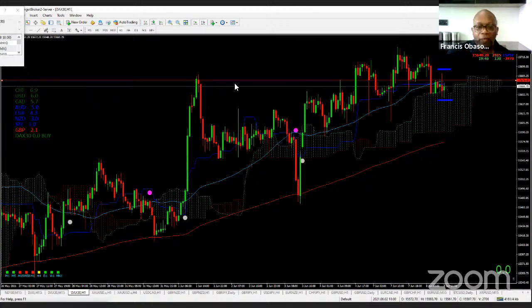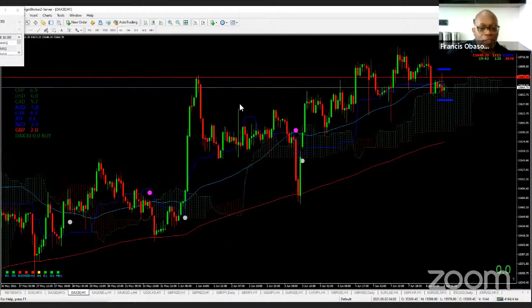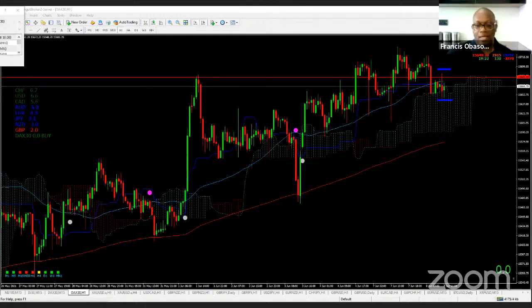Okay, so I'm not quite keen yet on the DAX. Let's see anyway. Like I say, when it comes to some of these very volatile assets, I'd rather have a near perfect entry.